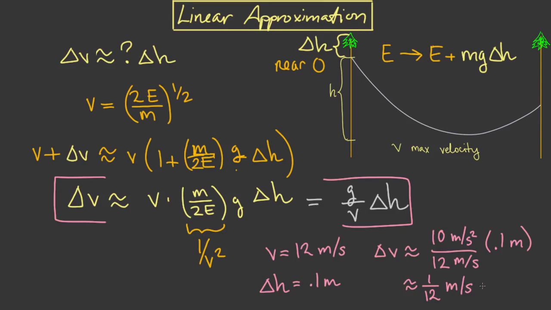So that's not going to be a lot of change in the maximum velocity, but it might be just enough to make sure that a rider makes it all the way to the platform on the other side of the ride.